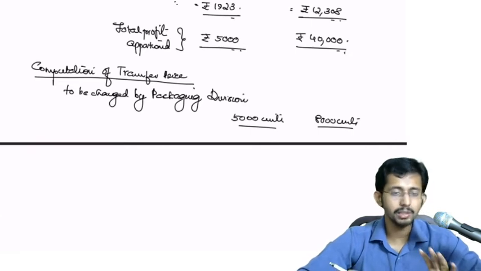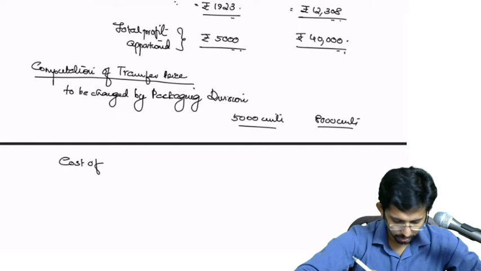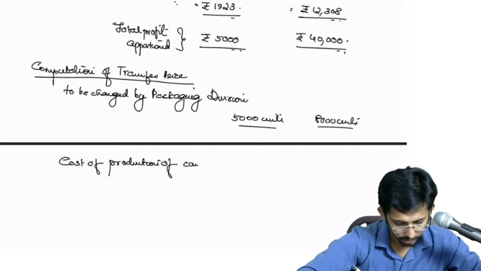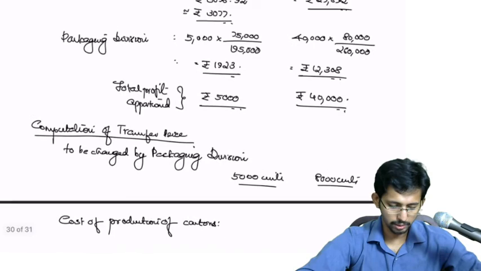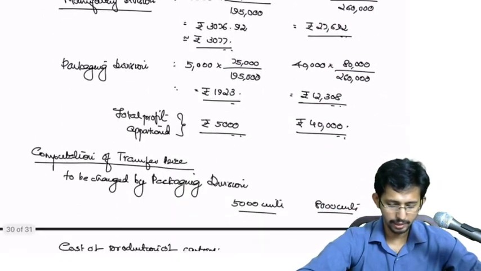Okay, transfer price to be received. So cost of production of cartons. What is the total cost of production of cartons? 75,000 and 85,000.